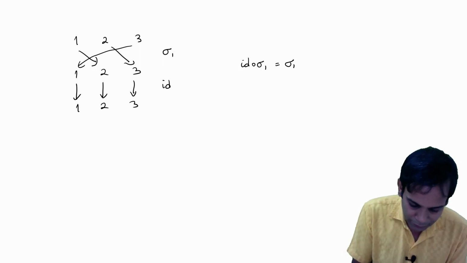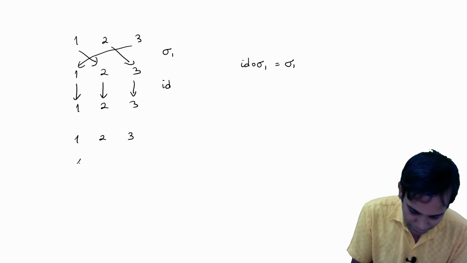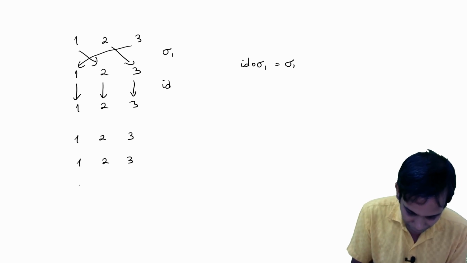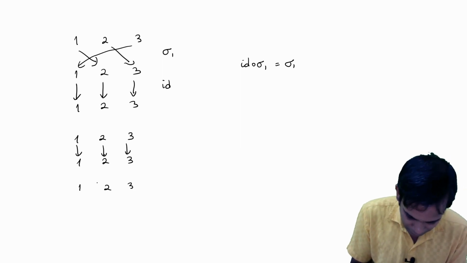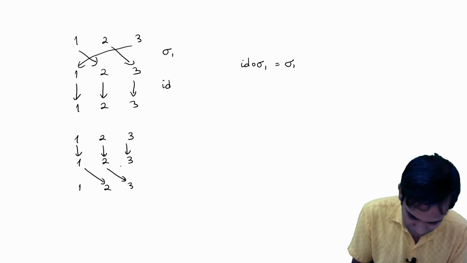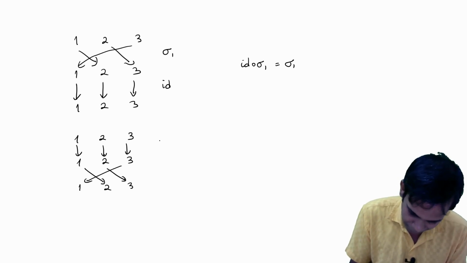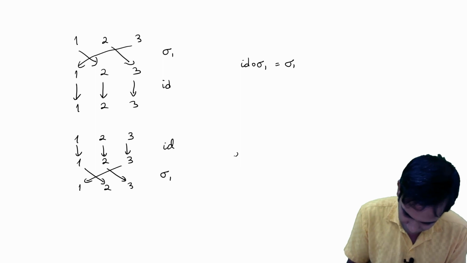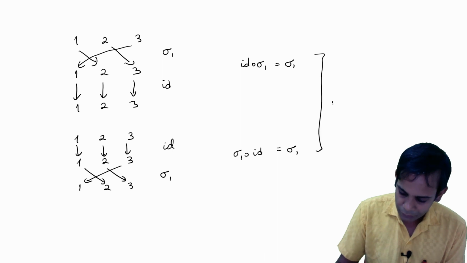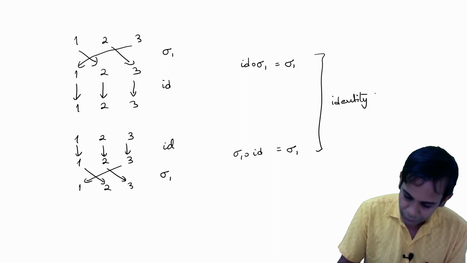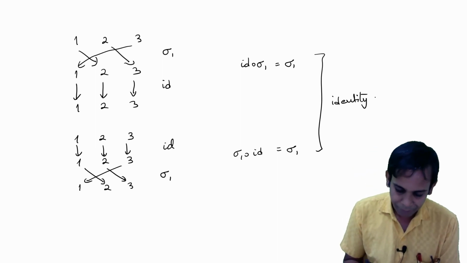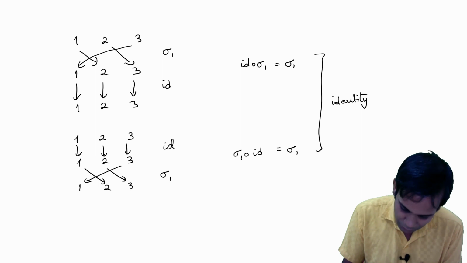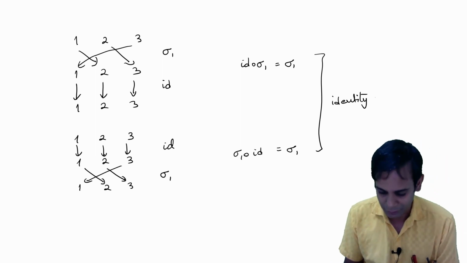And also if I do it the other way, first I do the identity and then I compose it with some permutation. So these are the properties of the identity, that when you compose it either on the left or on the right with any permutation, you get back that permutation. Composition with the identity has no effect on a permutation.